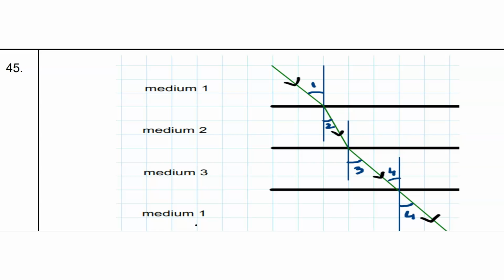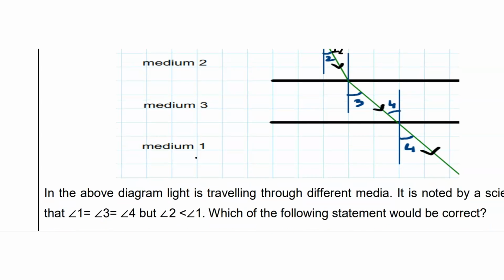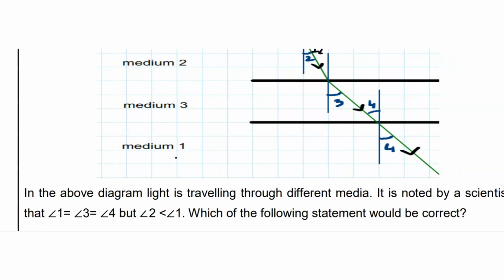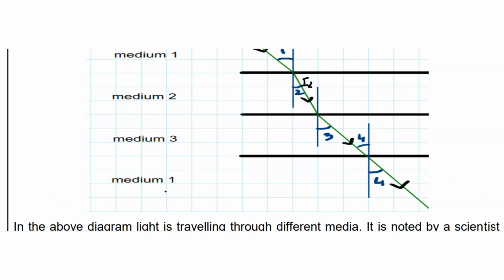Okay, so first one, this is the incident ray 1, and this is the refracted ray 2 in the second medium, and this will be the incident ray for this medium, right? Here it goes on. The given information is, in the above diagram, light is traveling through different media. It is noted by a scientist that angle 1 is equal to angle 3 is equal to angle 4.